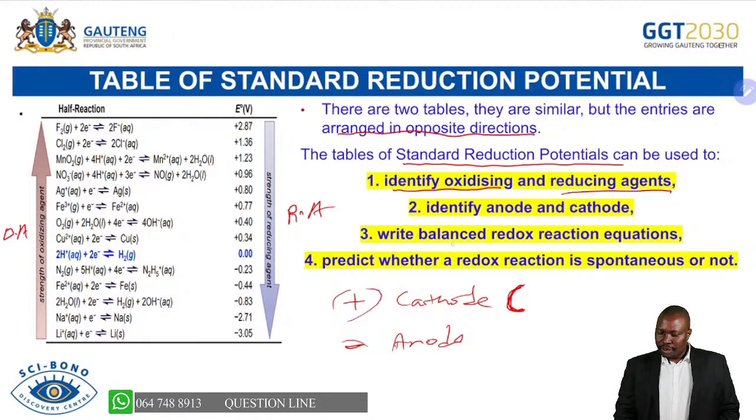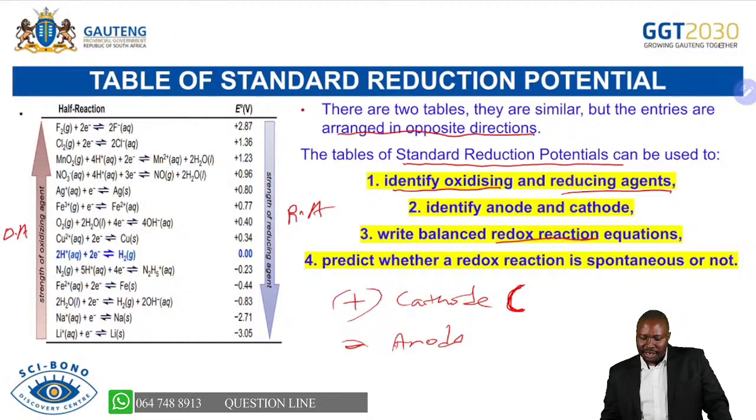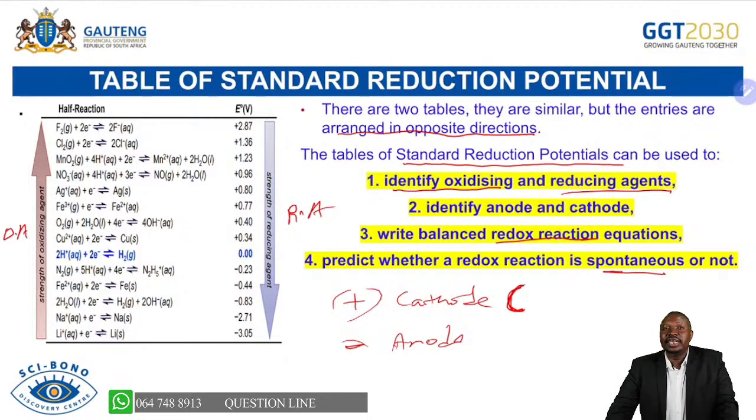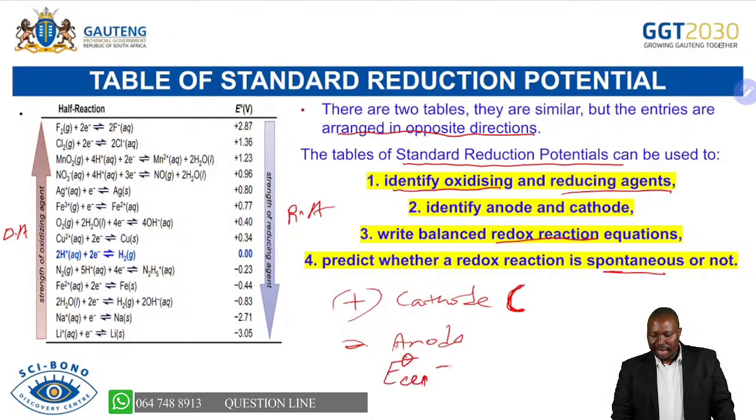We can use it to write balanced redox reactions. You have seen we're writing balanced redox reactions, and we can use it to predict whether a redox reaction is spontaneous or not. When we say spontaneous, we're saying that the EMF of a cell is positive. So when you calculate the EMF of a cell, which is E cathode minus E anode, it must give you a positive, and that shows that it is spontaneous, that energy is not added.